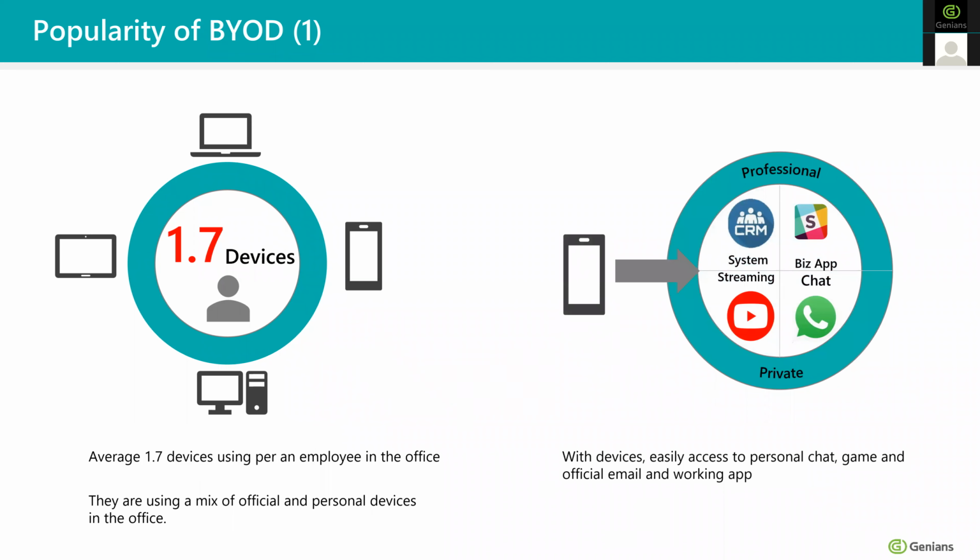This figure tells us that with these devices, you can access business applications such as email and Slack, and personal applications such as YouTube and WhatsApp. It means that there is a blur between personal and professional life.